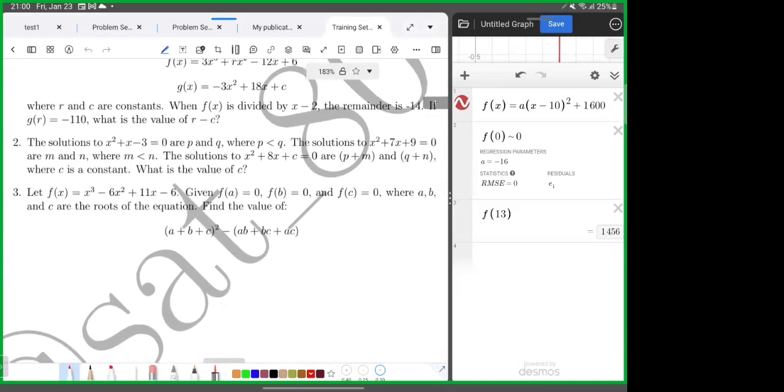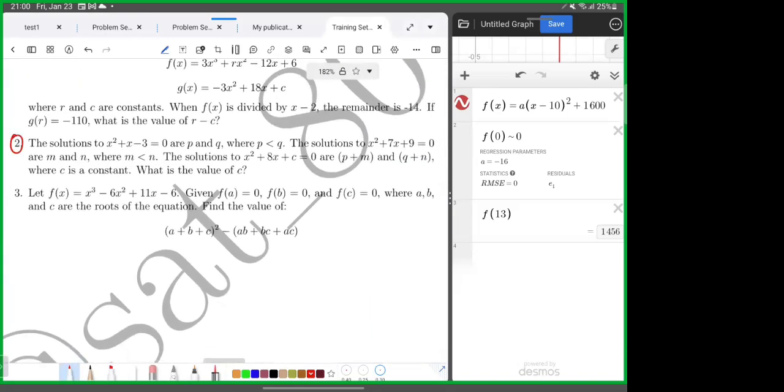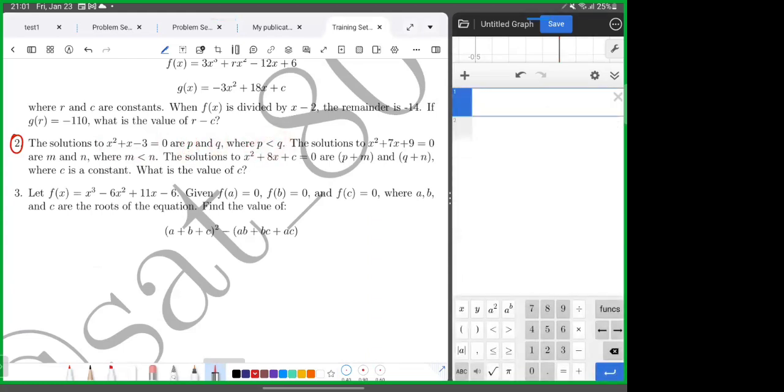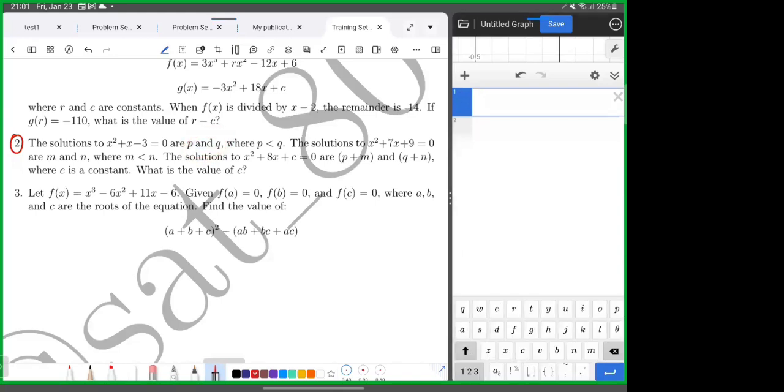Okay, look at the second question. In the second question, you are given this, where P and Q are solutions, so P is less than Q. So we will solve it. Now, guys, we need to apply Vieta's theorem, and we have solutions. So we will apply Vieta's theorem.